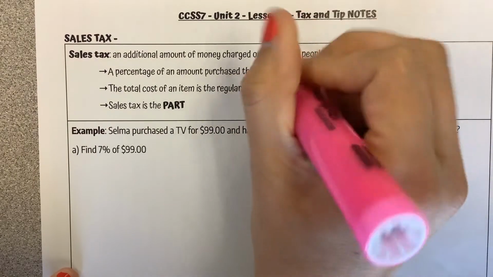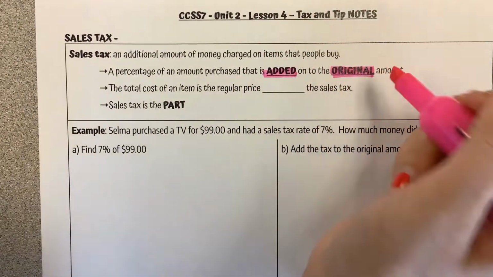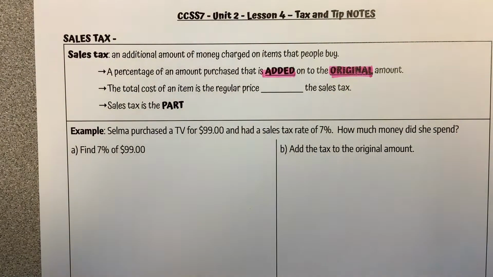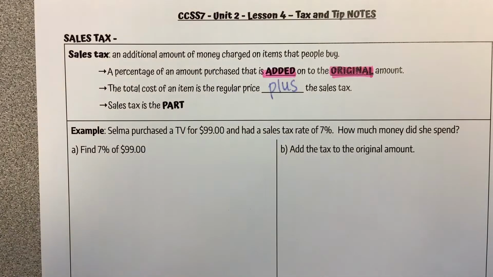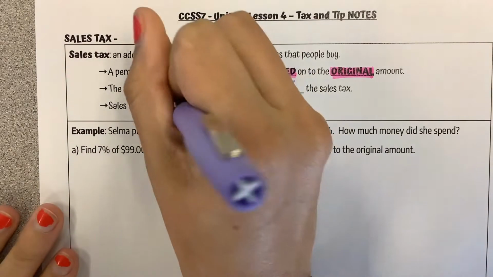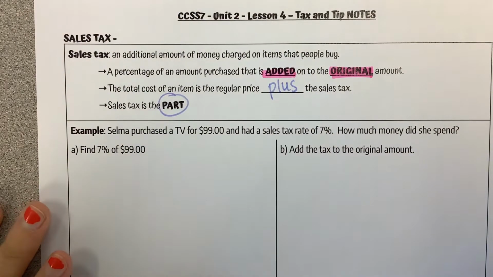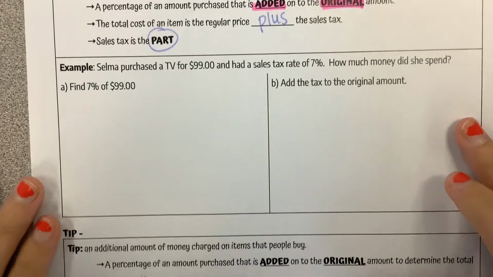So we are adding it to the original amount, okay? Total cost of an item is the regular price plus the sales tax. And if we're thinking about it in our proportion, sales tax is the part. So let's look at an example here.